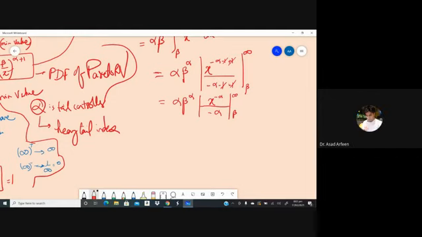So this will be equal to, I think this will cancel. This will be minus beta to the power alpha. And then what are we left with? x to the power minus alpha, and then which are the limits of x? The upper limit is infinity and the lower limit is beta.